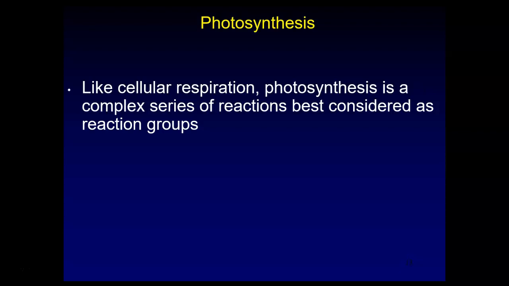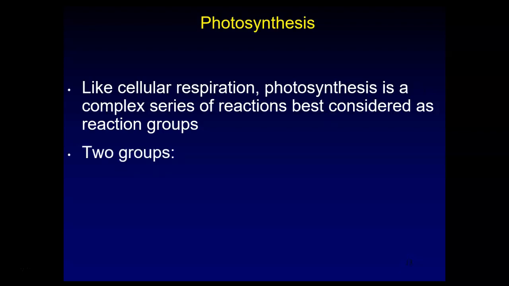So they have a complex series of reactions. Remember, we walked through a piece of a metabolic pathway for cellular respiration. There are many reactions that get us to the final product. If you look at the equation, you think it's bam, bam, and that's it. But there's a lot of in between steps. We're not going to cover every single thing, but we're going to hit the highlights.